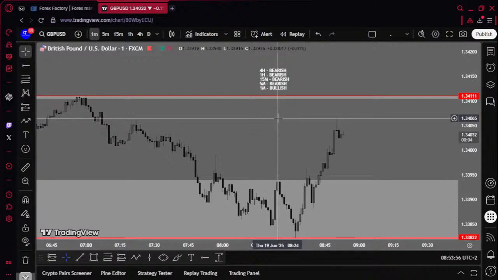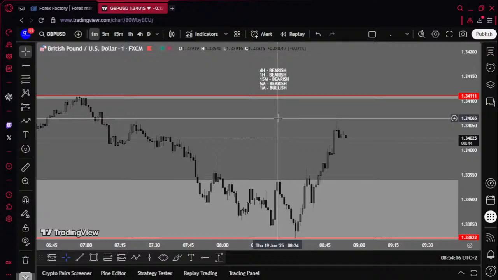potential added positions, because we actually have market structure. It's not just candles, we have market structure to go off of. So we have recent highs and recent lows that we can use to add my positions. We have lows that I can use to trail my stop loss, or highs to trail my stop loss.